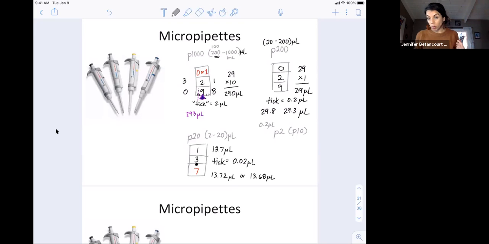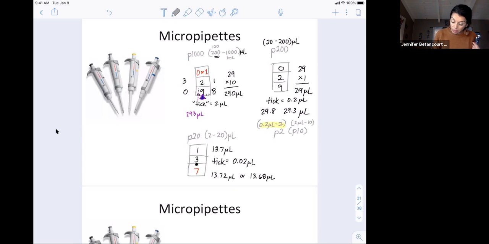That is literally so small. Sometimes I'm like, did I add anything? I couldn't see. You just have to trust that your pipette works. So 0.2 to 2 microliters. And the P10 is 1 microliter to 10 microliters. So obviously I like this one for when you need really, really small volumes.